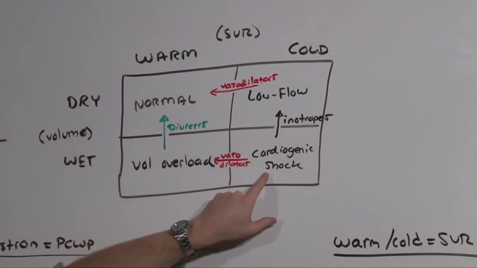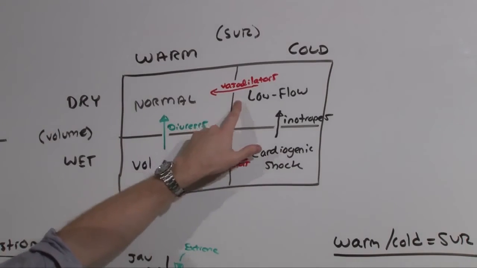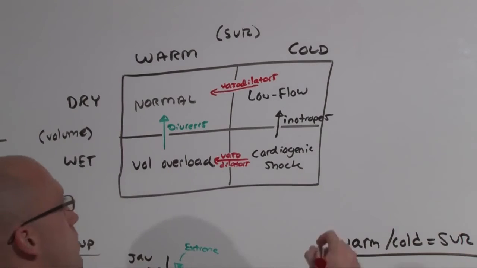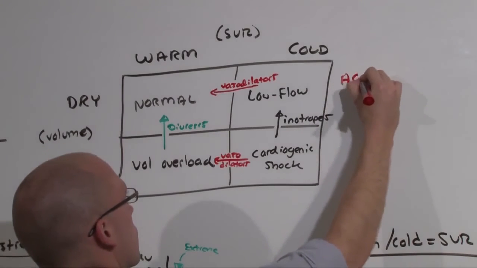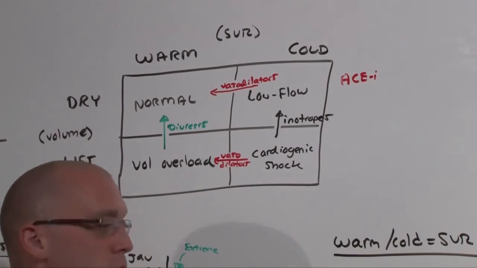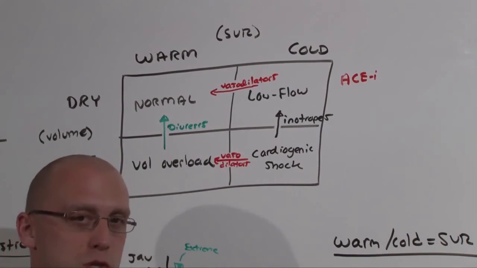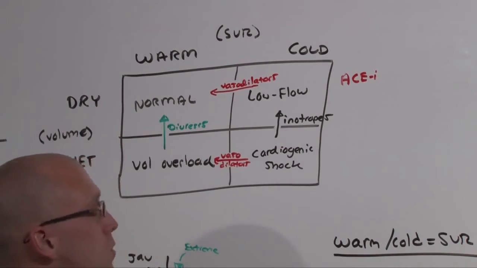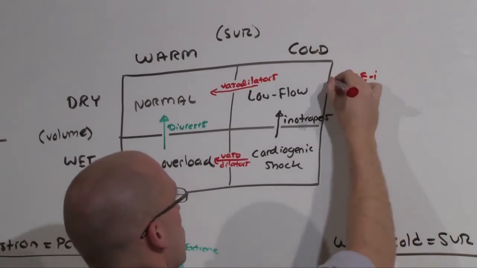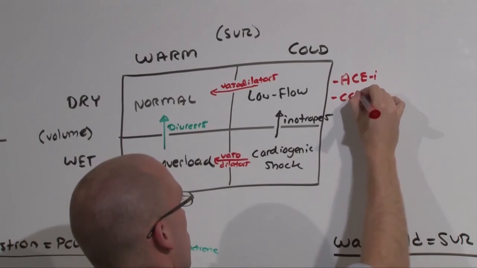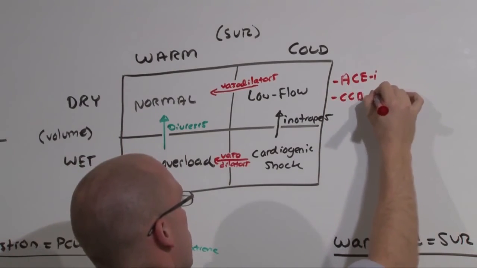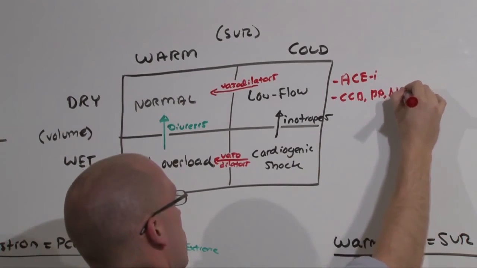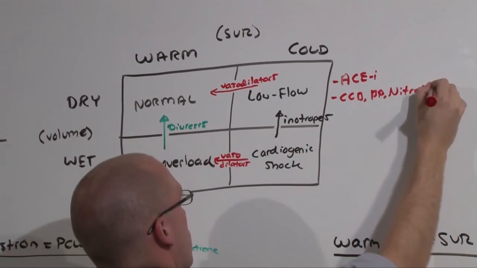The first thing you want to do is drop the afterload. The way you drop afterload is with ACE inhibitors. If they're in a hypertensive emergency and it's worsening their CHF symptoms, you can also drop them with the typical vasodilators, such as the calcium channel blockers like clevidipine, the beta blockers like esmolol, and the nitrous drugs like nitroprusside.